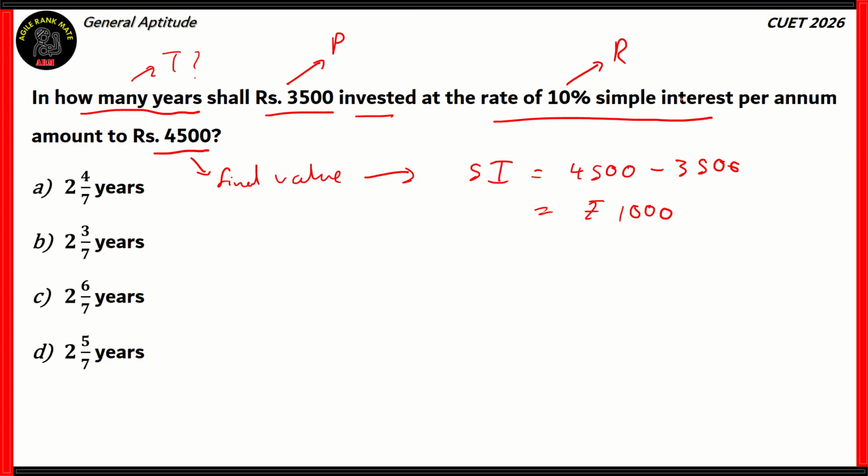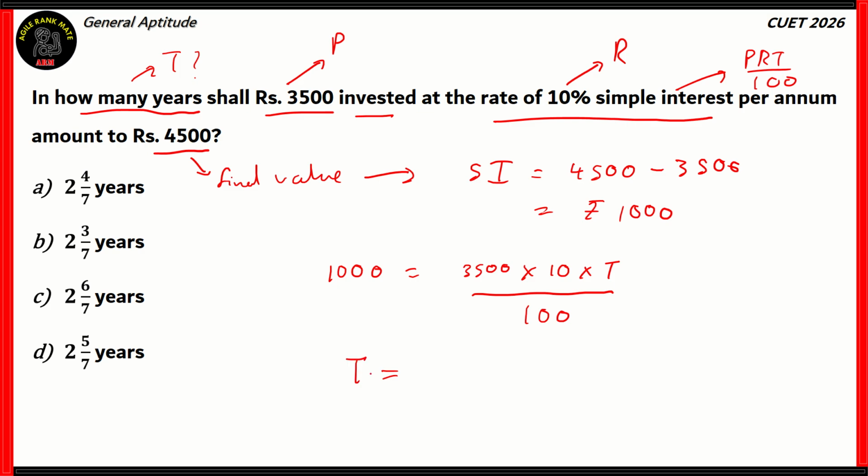Again, the question says simple interest, so we're going to be using PRT upon 100. So the left hand side would be 1,000, the right hand side would be 3,500 multiplied by 10 multiplied by T divided by 100. So we need to find time. What we can do is keep time on one side and everything else on the other.